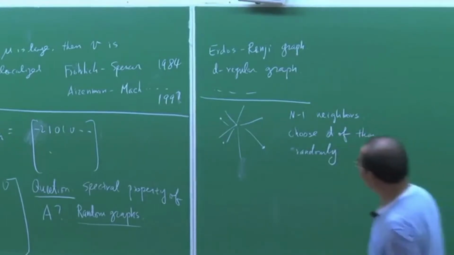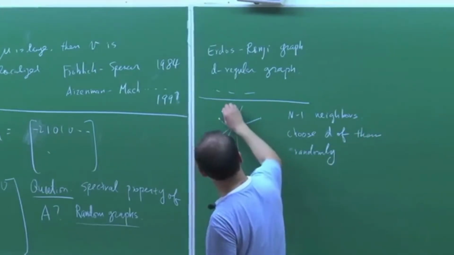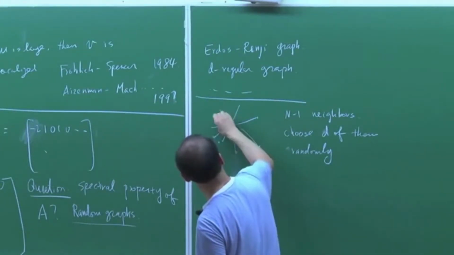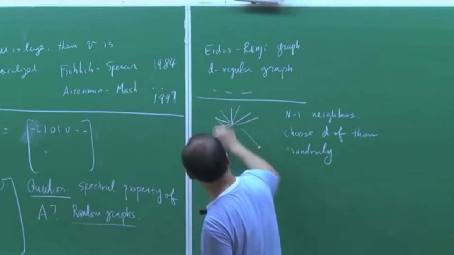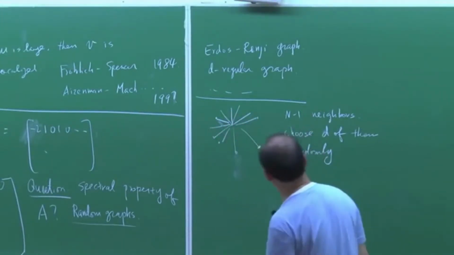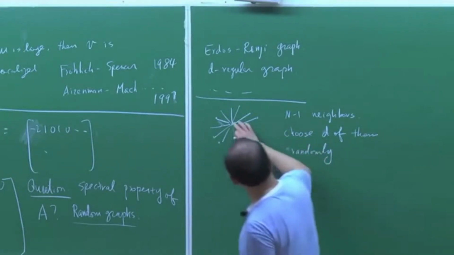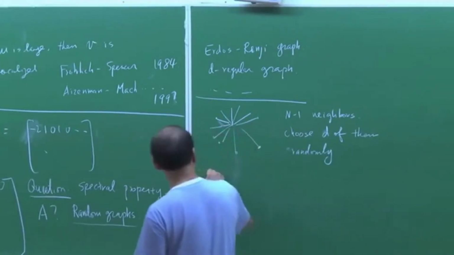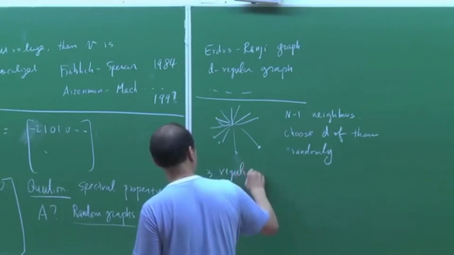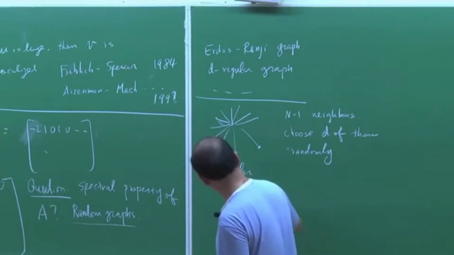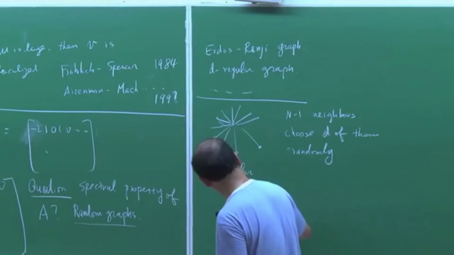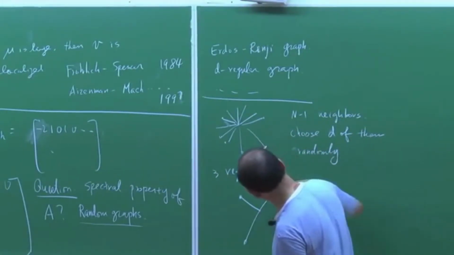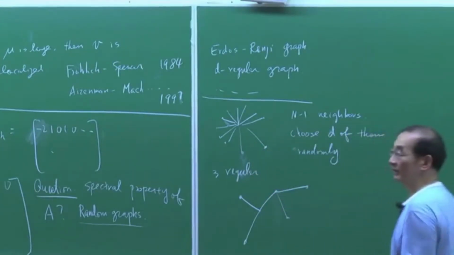So for example, now here you have 1, 2, 3, 4, 5, 6, 7, one more. So you have so many edges, but in the real graph, you don't choose this many. You just choose, for example, suppose you think about 3-regular. 3-regular means each vertex has 3, and then you connect it. So this is a 3-regular graph.